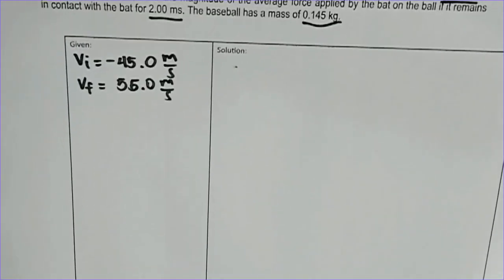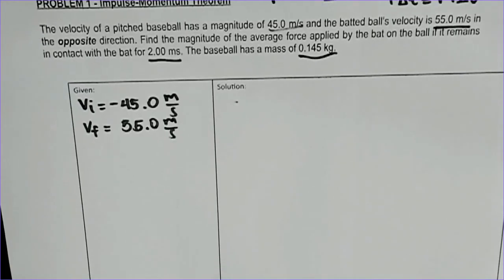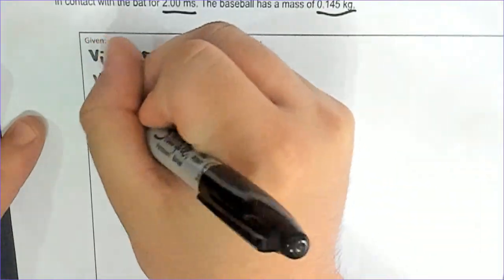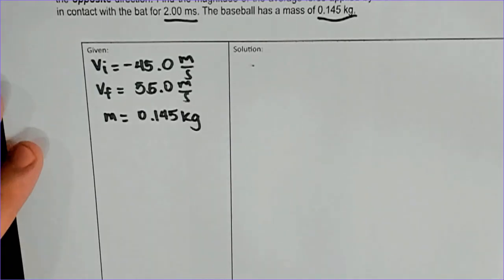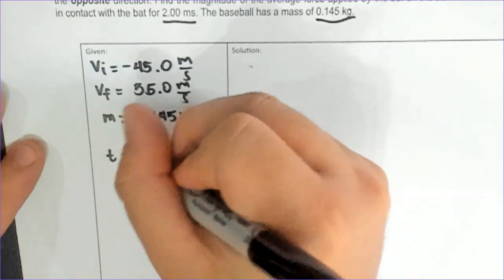You also have to take note that the average force is in contact with the bat for 2 milliseconds. The mass is 0.145 kilograms, and the time is equal to 2.00 milliseconds.